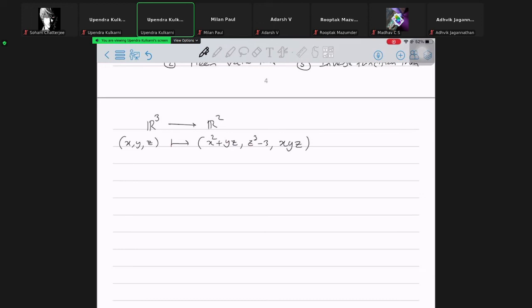Is this map continuous? Yes. Okay, so how do we do that? If you agree with me that this map is continuous, then what we wrote over there, let's write this down for 2 by 2 matrices, is continuous.